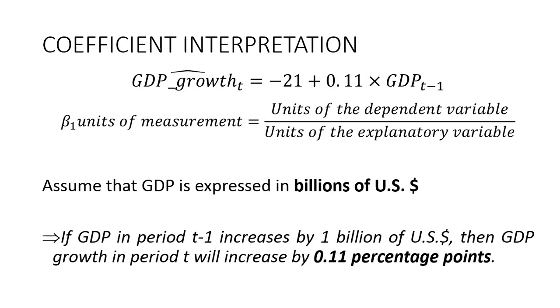In this model, we assume that GDP growth in period t is affected by the level of GDP in period t minus 1. It's easy to notice that this model was designed based on a time series dataset because you have coefficient t, you have index t.